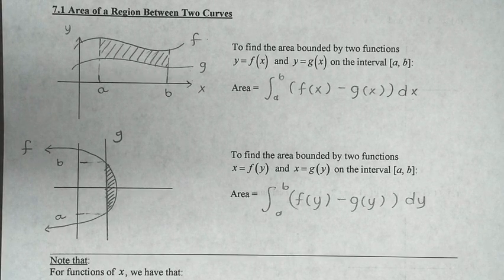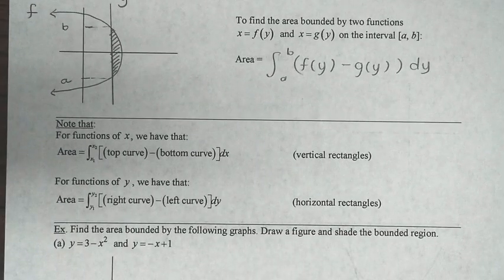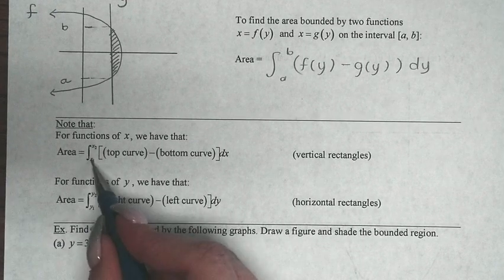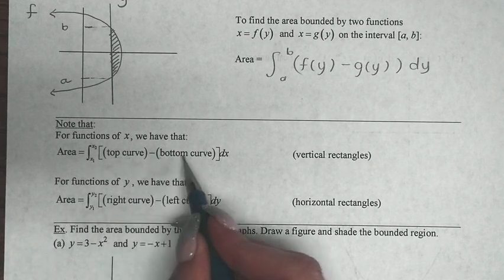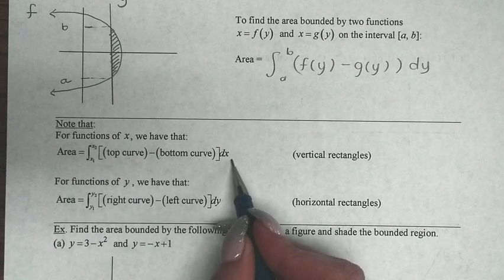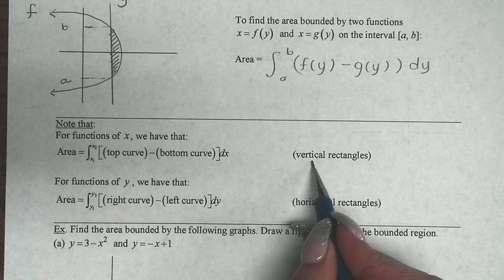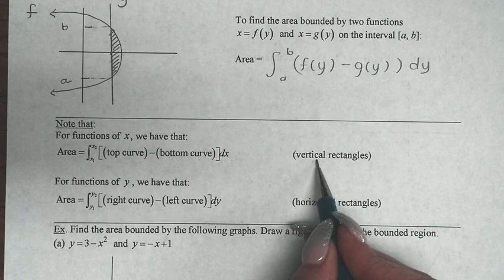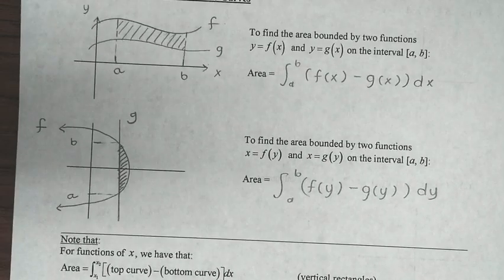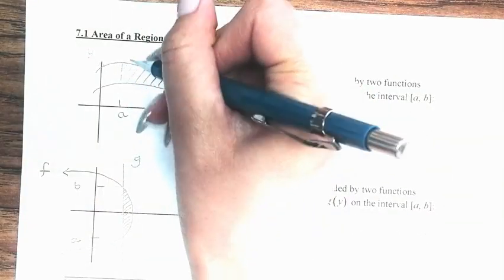So now please note that for functions of x, the area is going to be from one number to another, and it's going to be top curve minus bottom curve dx. This is when we have vertical rectangles. What does it mean having vertical rectangles? If you remember when we were talking about the Riemann sum, we have a bunch of rectangles here.